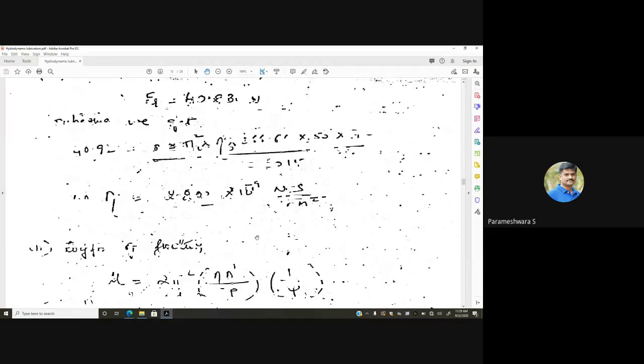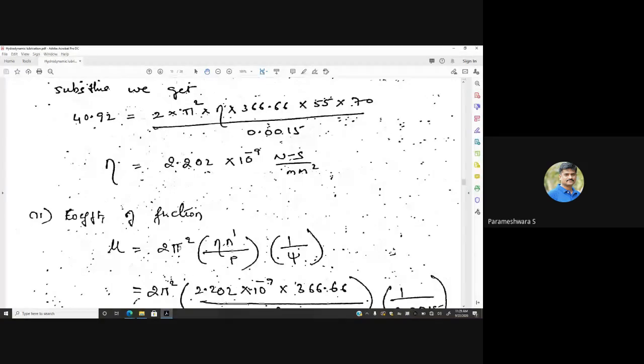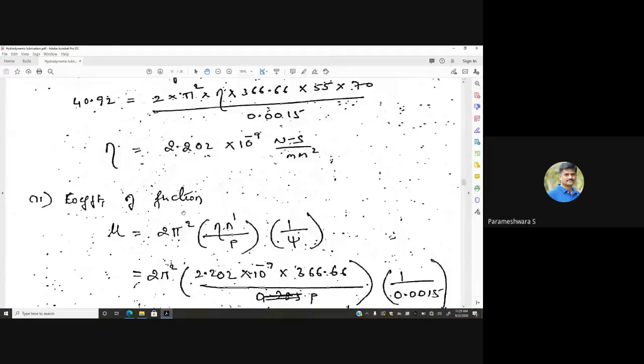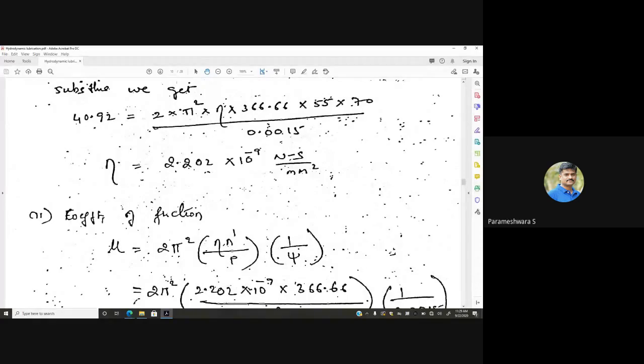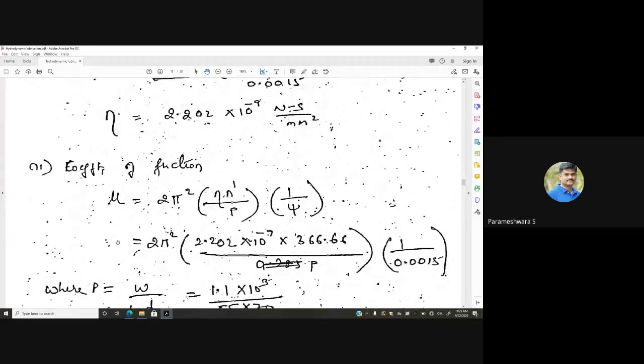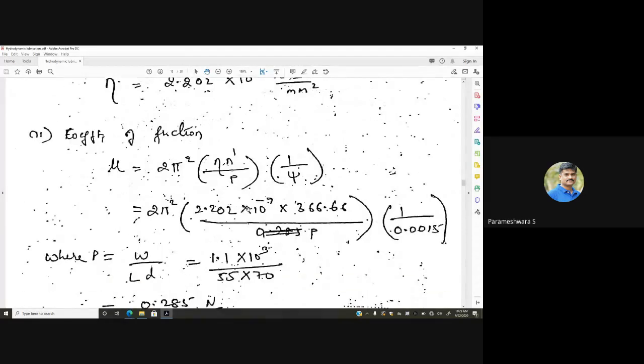So one more parameter is to be found, that is the coefficient of friction. Once the viscosity value is known to you, you can easily calculate the coefficient of friction. Simply substitution, that's it. But here the p value is not given in the problem. Instead, they have given the load applied and the dimensions of the bearing.